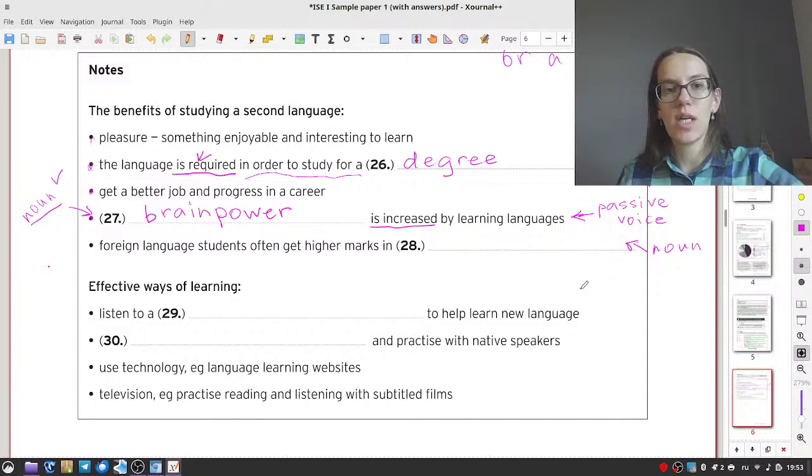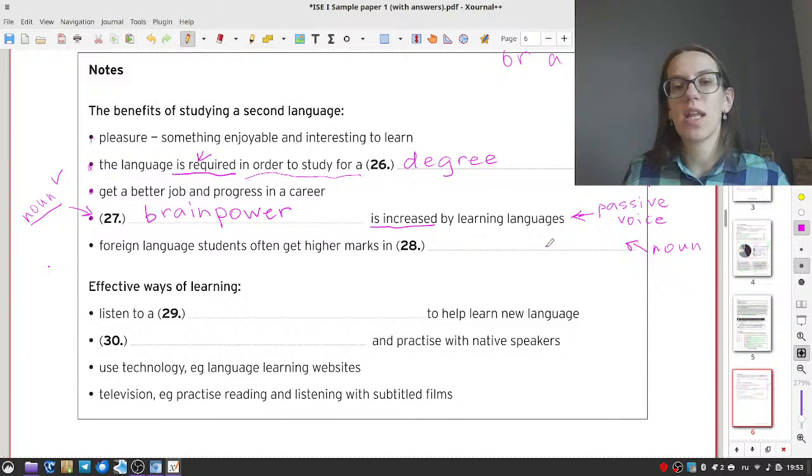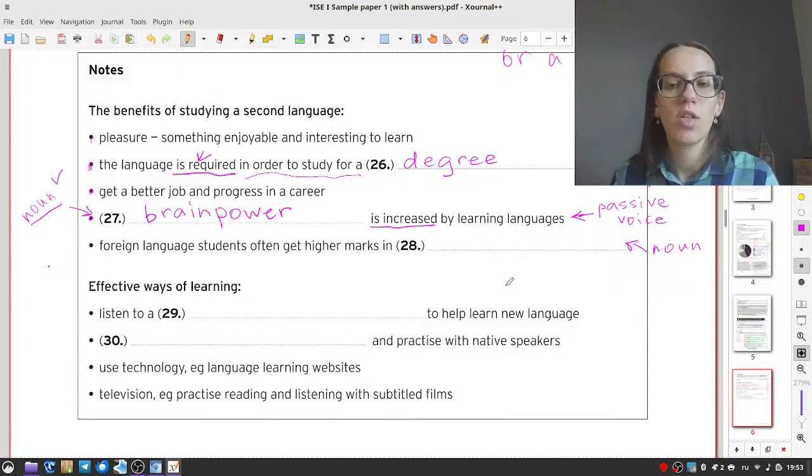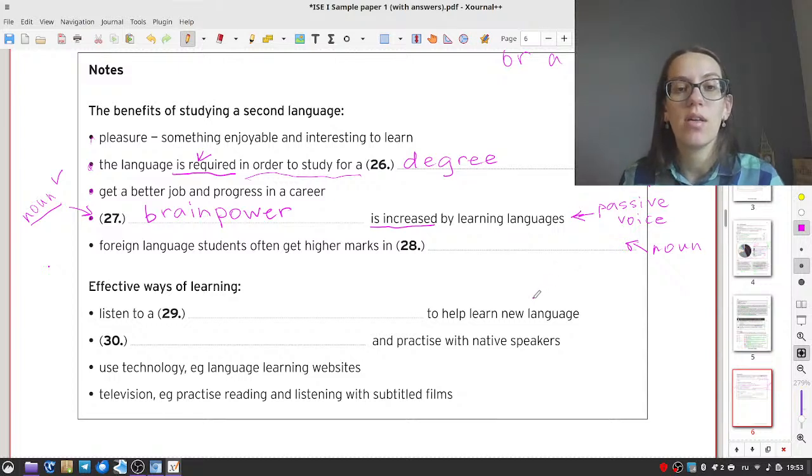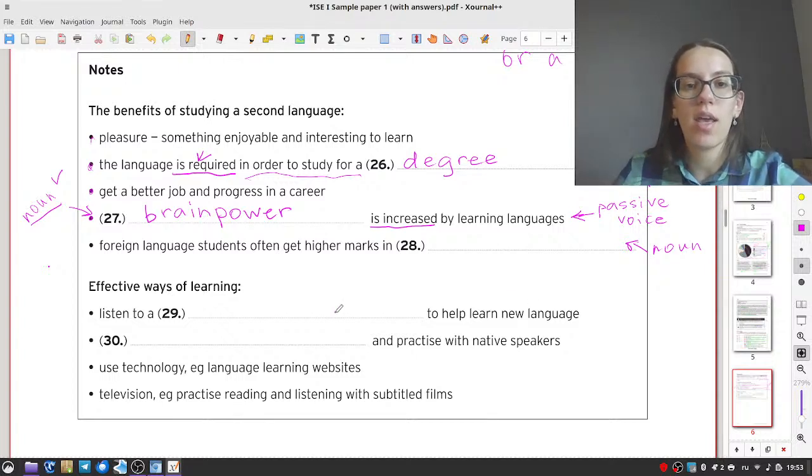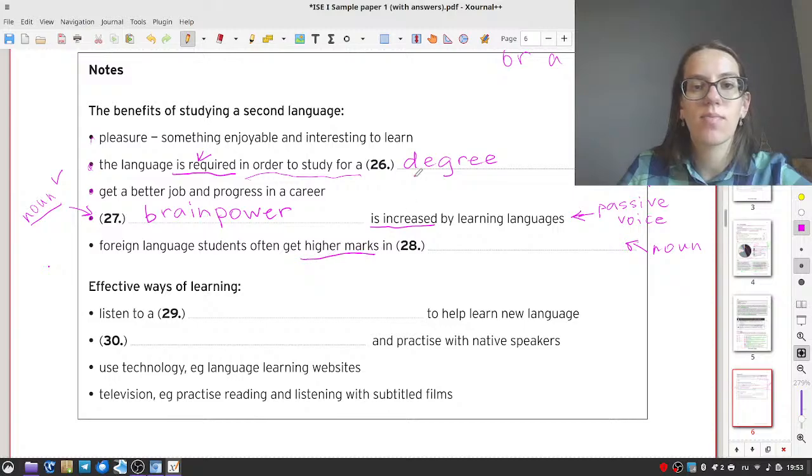Some sort of word connected with education. So it can be a subject like higher marks in maths or in physics. Or it can be just something like exams or tests. So what do foreign language students get higher marks in?